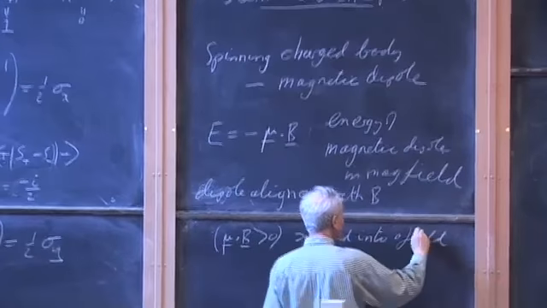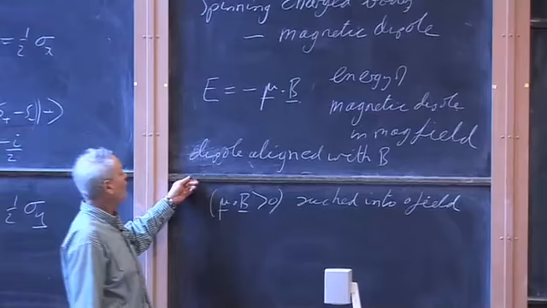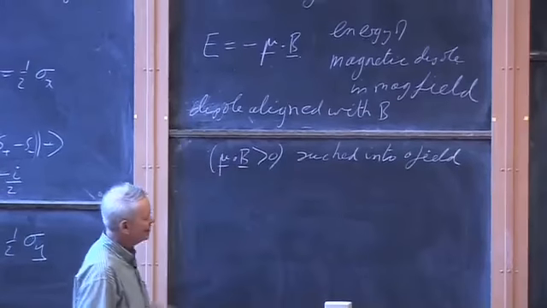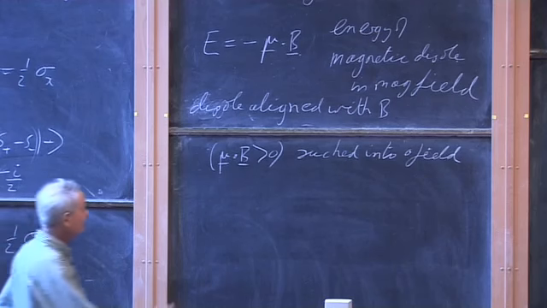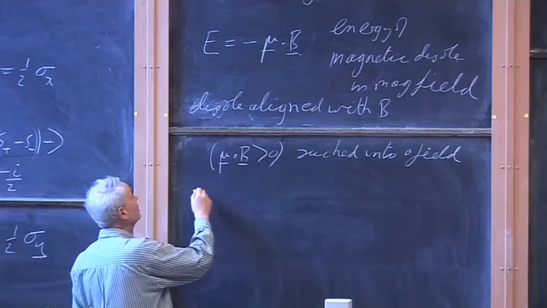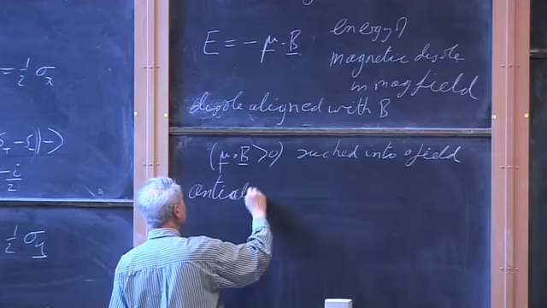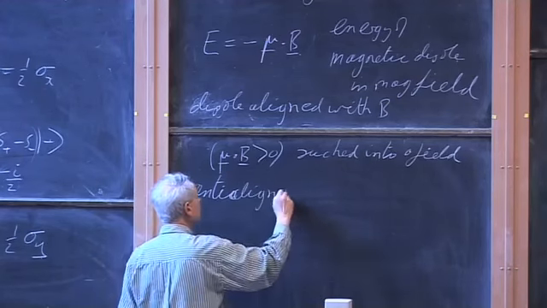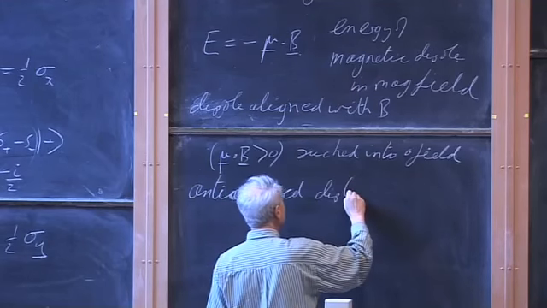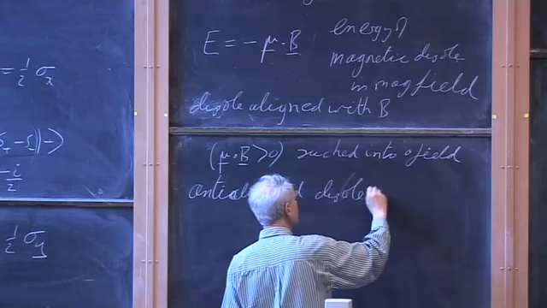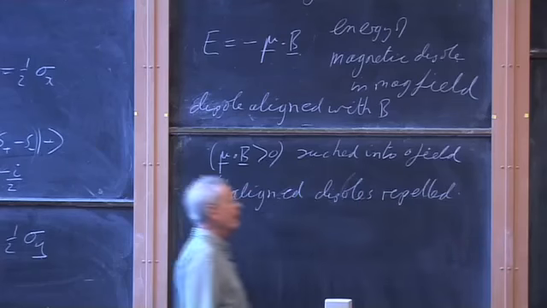If the field strength varies spatially, which it often does, the particles which have their dipoles aligned will be sucked into B, and similarly the other ones will be repelled. So the anti-aligned dipoles will be repelled from a region of high B.